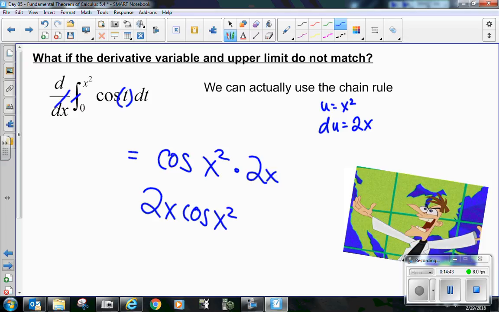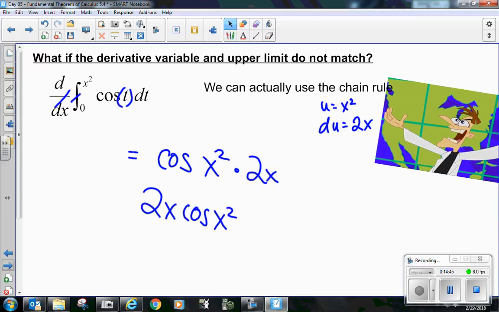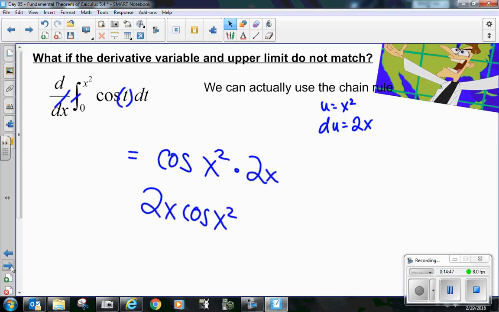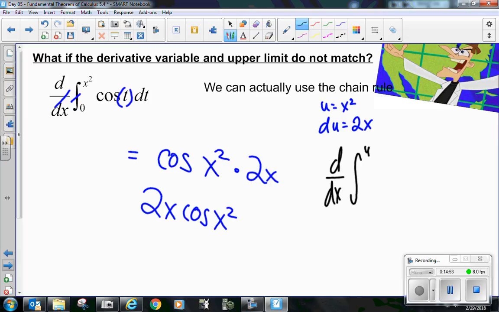So now, if I were to take the derivative of that function, d over dx, the integration from u to 0, of the cosine of u du, that would just be the cosine of u, which is x squared, right? But now this is going to go away.